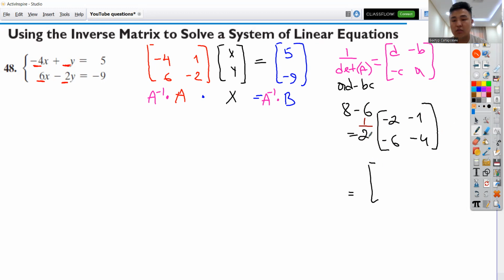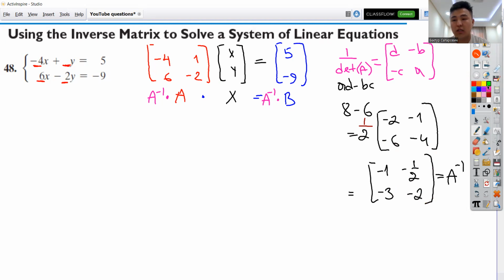So -2 divided by 2 is -1. -1 divided by 2 is -1/2, let me keep it as a fraction. And then -6 divided by 2 is -3. -4 divided by 2 will give me -2. So this is the inverse matrix.